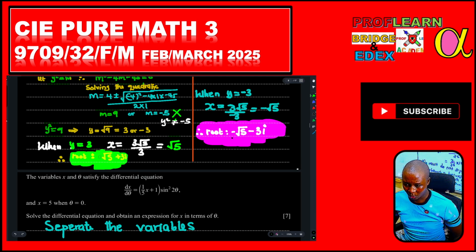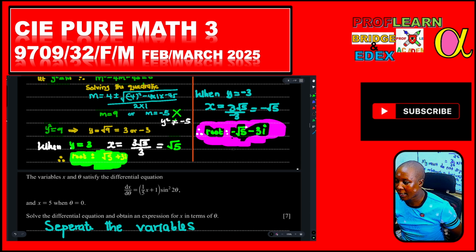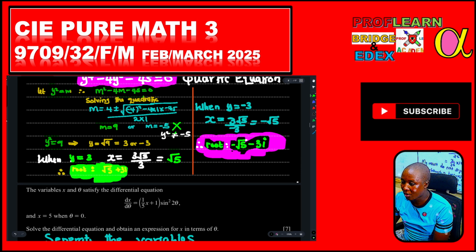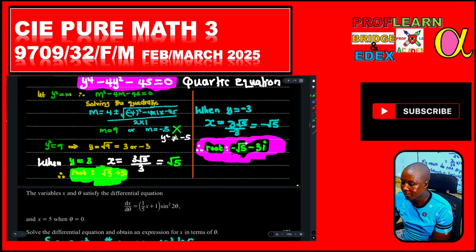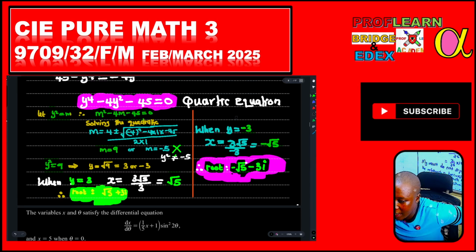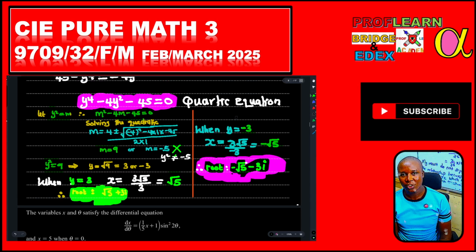So the first root is going to be root 5 plus 3i, and the second root in this case is going to be minus root 5 minus 3i, because in this case now our x is going to be minus root 5 and our y was minus 3. And I believe now you've gotten value on how to work such kind of questions.